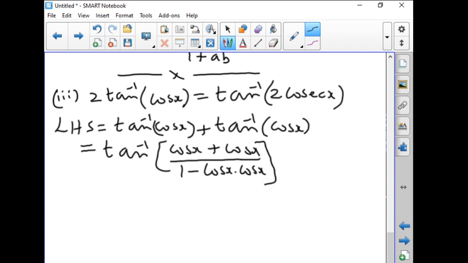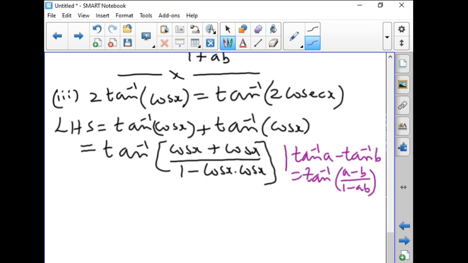Which identity are we using? Tan inverse of A plus tan inverse of B, as in the previous problem, is equal to tan inverse of A plus B by 1 minus AB. So, this identity we are using. Therefore, what is it?